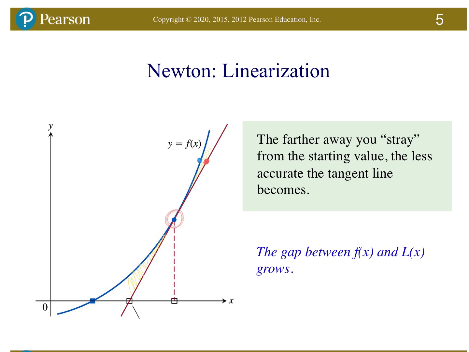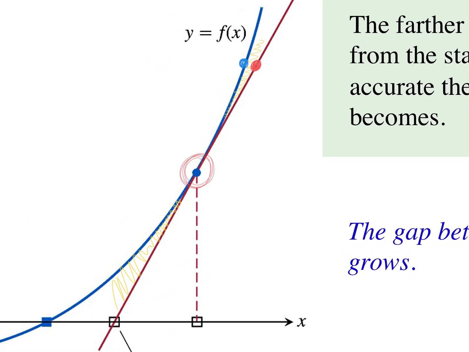He also recognized that concavity was part of his advantage. The blue curve I'm drawing here, what kind of concavity does it have? Positive concavity. The tangent line, because it's straight, has no concavity. A tangent line underneath positive concavity is always going to be below.